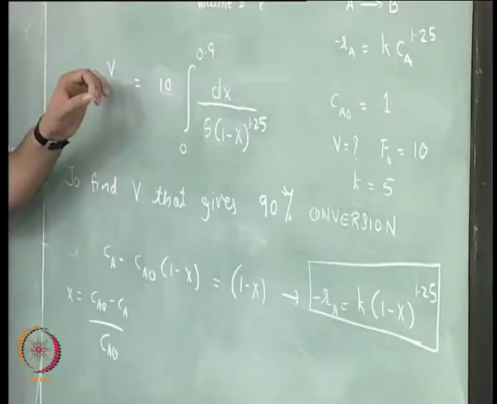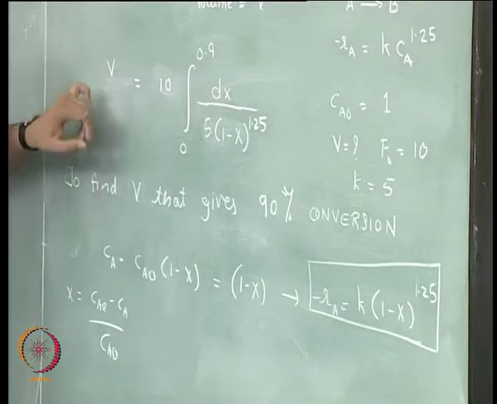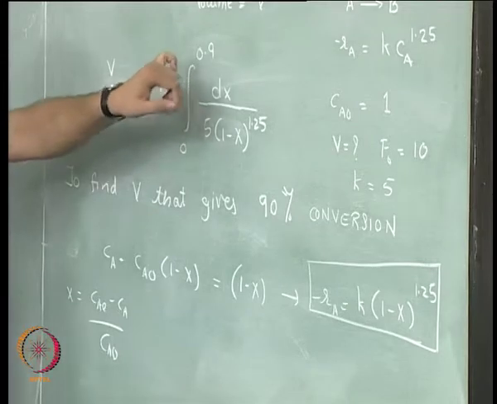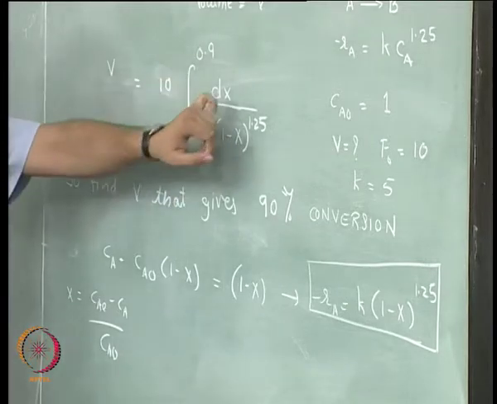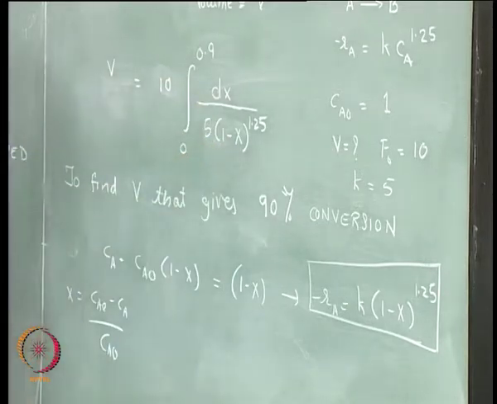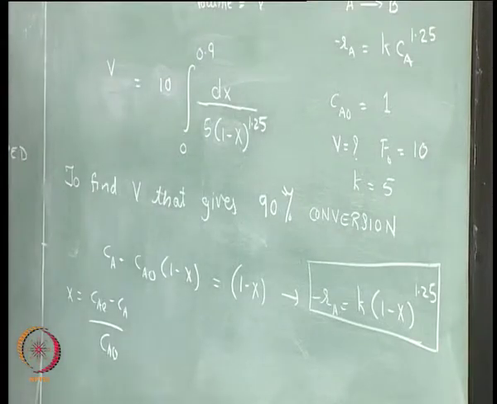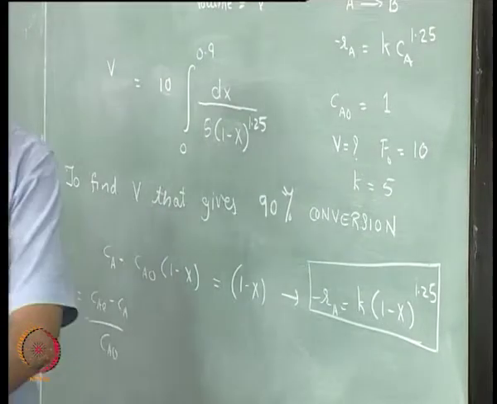Okay. So the integral that we are interested in finding is V equal to 2 multiplied by integral from 0 to 0.9 dx divided by (1 minus x) to the power 1.25. So that is the problem that we are going to try to solve using various numerical integration techniques using Microsoft Excel.